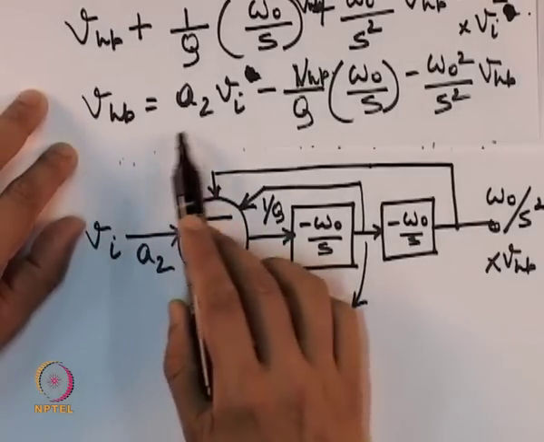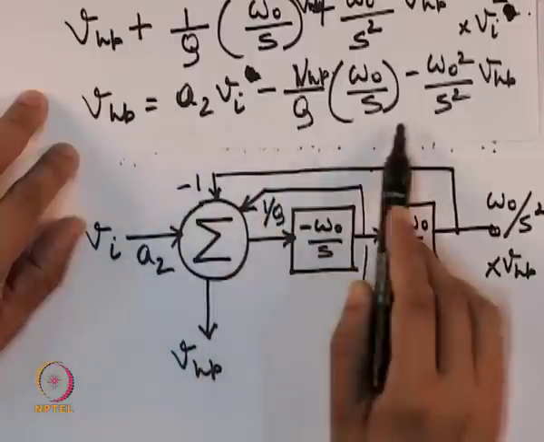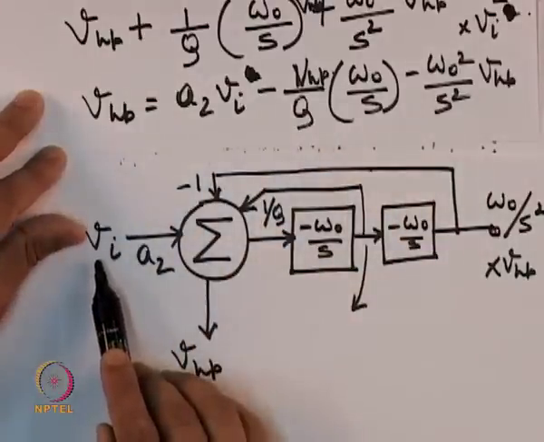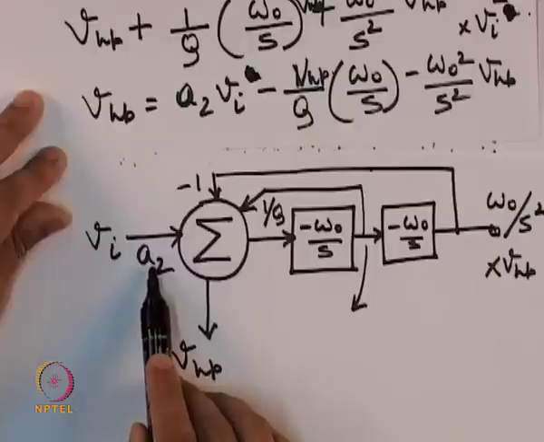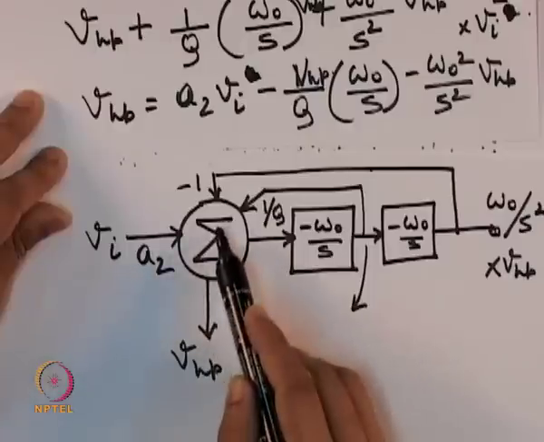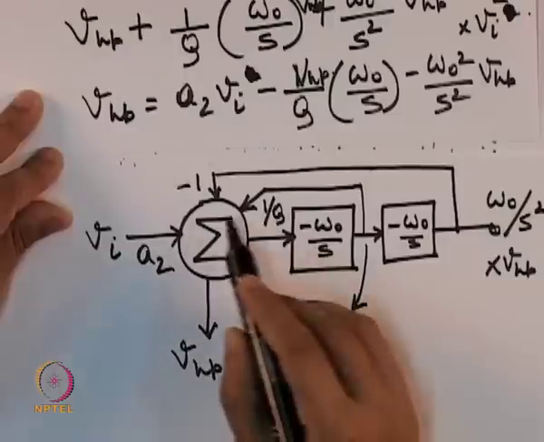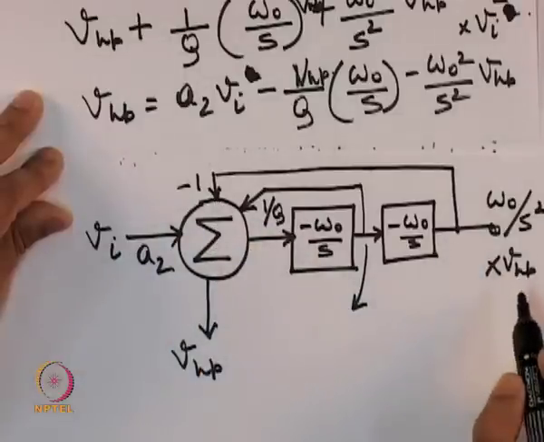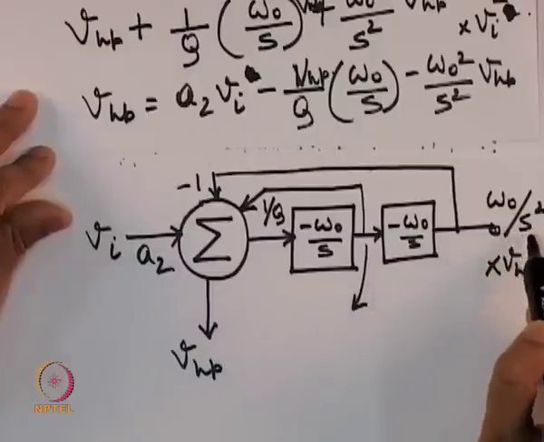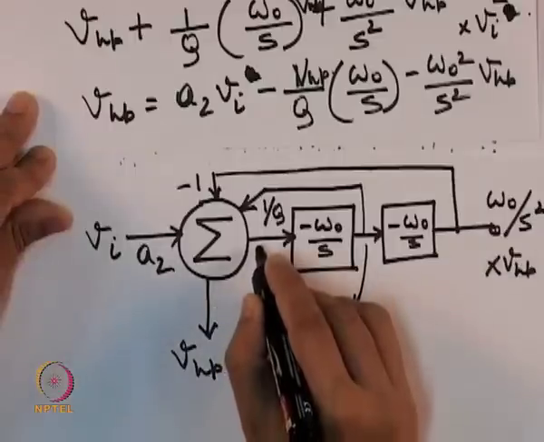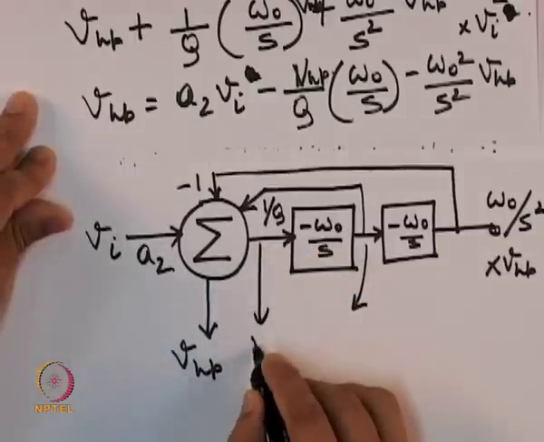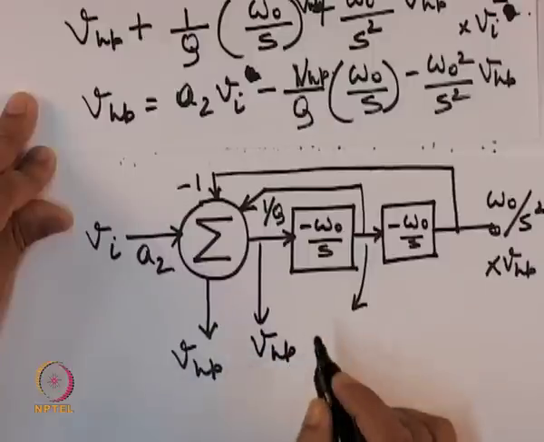So, this VHP is equal to the summation of these two terms. What I did was, suppose I have the signal VI here, I multiply with A2 and then add it to this summer. The other inputs to this summer come from VHP. Now, the output of this summer is the signal VHP.